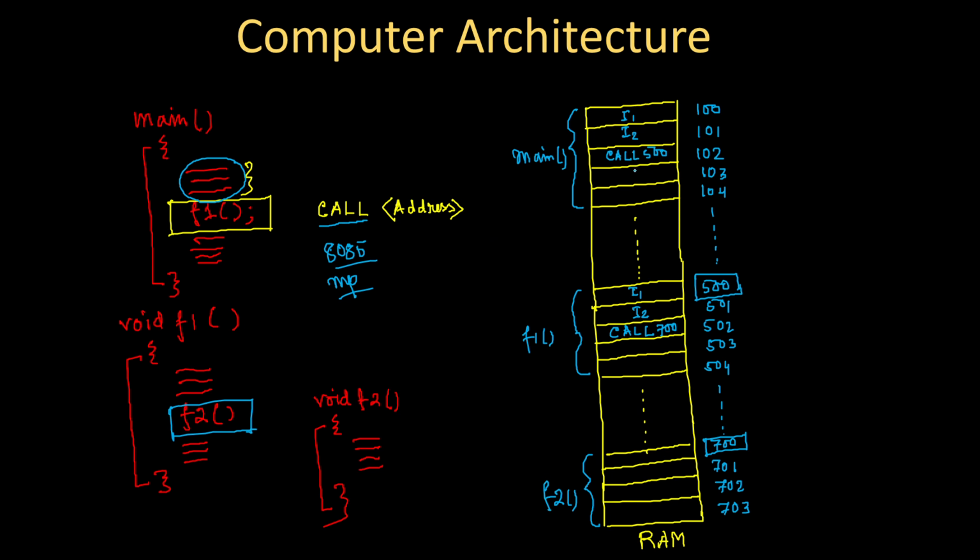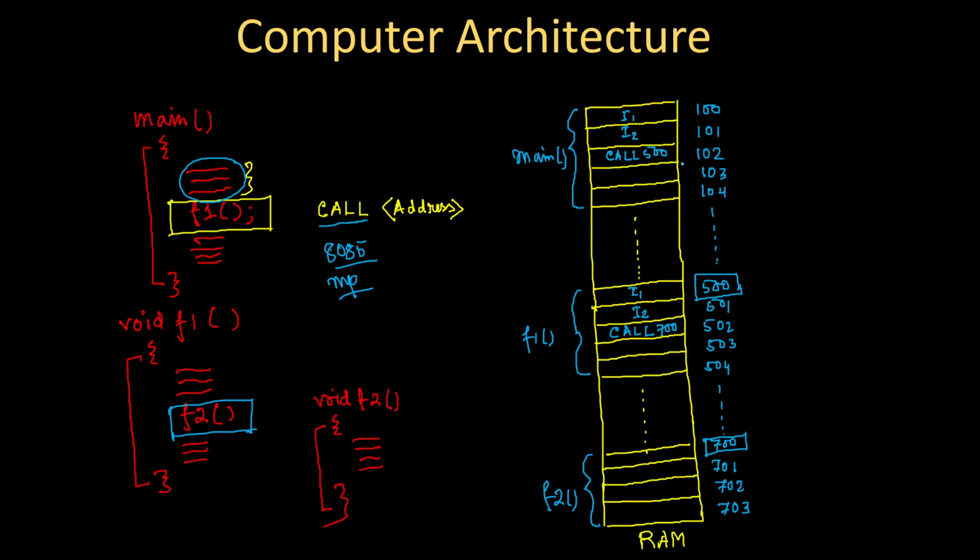Now what does call 500 mean? When this call 500 instruction is decoded within the processor, after decoding, the processor understands that now I have to jump to address 500. At this time, if you look into the content of the program counter, we know that the program counter holds the address of the next instruction.